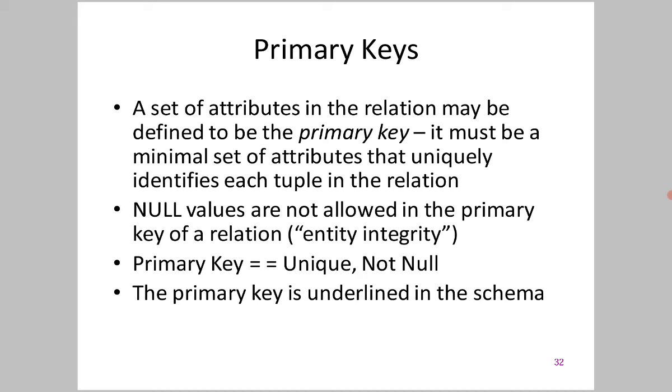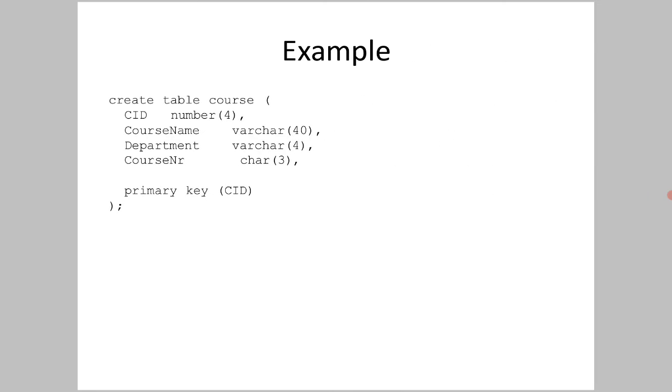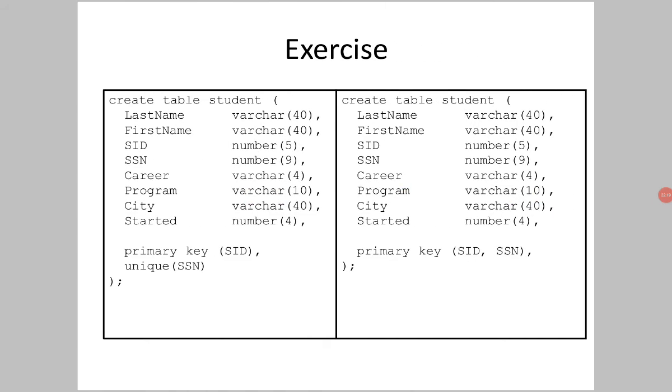For example, CREATE TABLE course, CID NUMBER(4), course name VARCHAR(40), department VARCHAR(40), and course number CHAR(3), PRIMARY KEY (CID). This is another example of defining primary key and unique constraint.